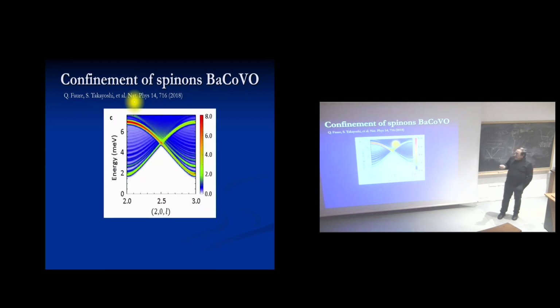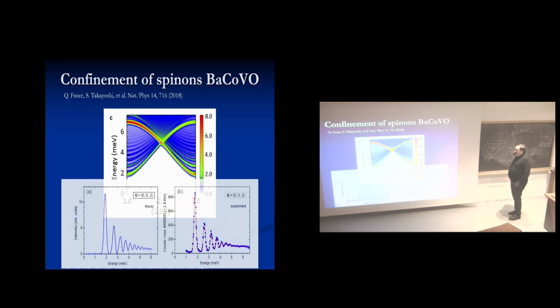Here is the calculation of the spin-spin correlation functions, and you see the bound state. You see the resonance here in the neutron spectrum, which tells you every time you pass one of these highlights here, it means that you are crossing the energy of a spinon bound state. There is a compound, BaCo2V2O8, which is a good realization of a 1D chain.